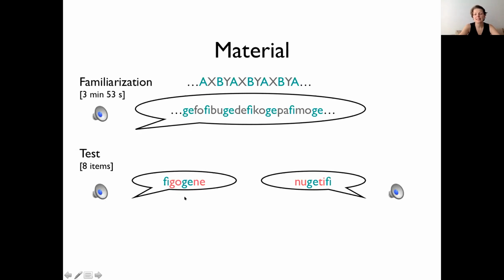We replaced the infrequent words with new infrequent words. So these red ones are syllables that they did not hear before in the familiarization. But crucially, of course, the frequent words are still the same, so the basic structure is still there. And so now we tested whether French infants maintain their frequent initial preference.